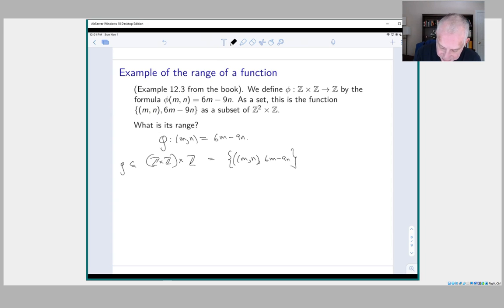Well, one thing to observe is that 6m minus 9n is 3 times (2m minus 3n). So if we were to plug in values of m and n, I can even make a little picture here. Let's do minus 2, minus 1, 0, 1, 2, and the same going down.